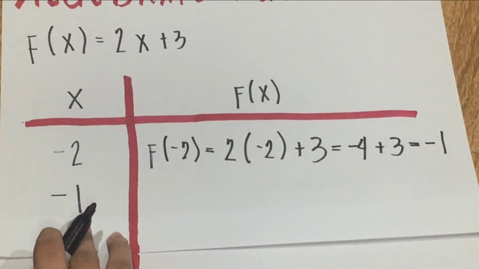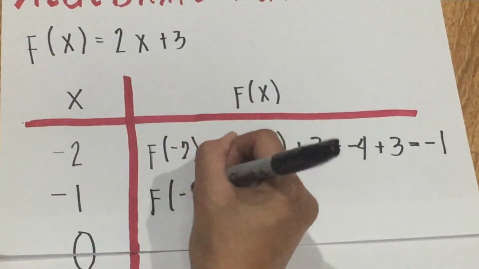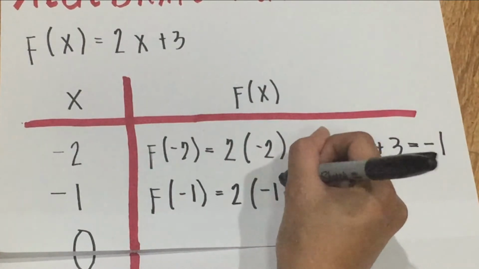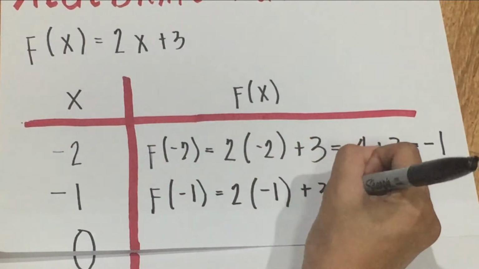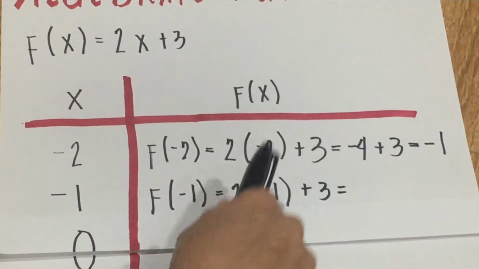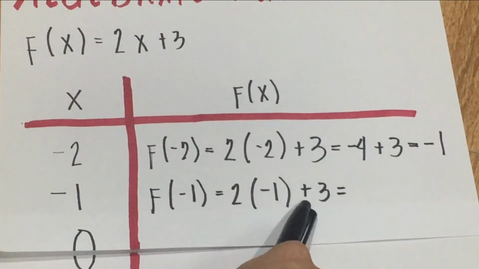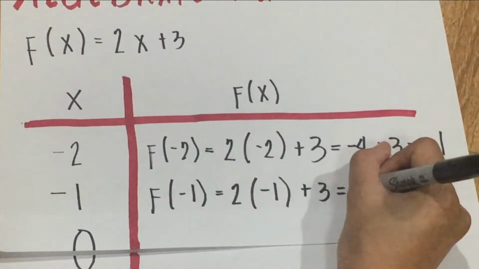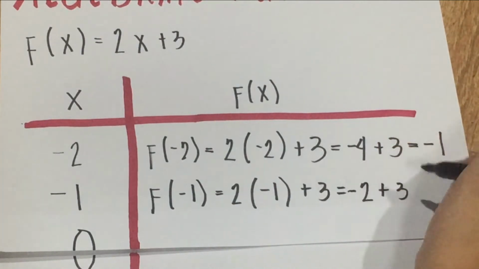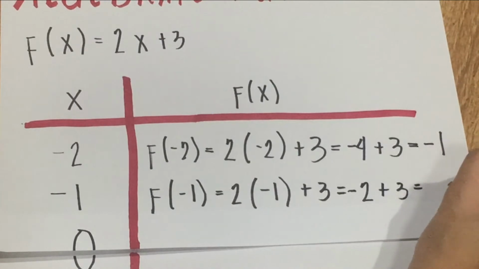For the next value, we will take the f of negative 1, 2 times negative 1 plus 3. There's going to be negative 2 plus 3, and we will get 1.